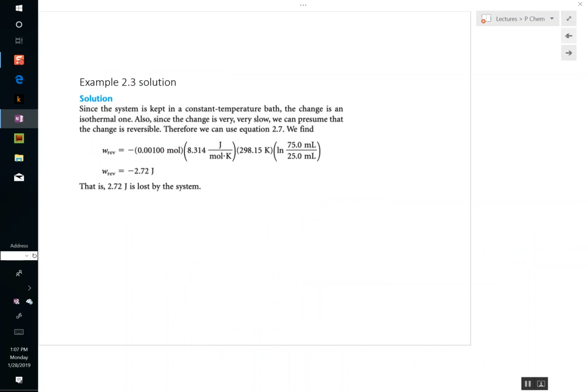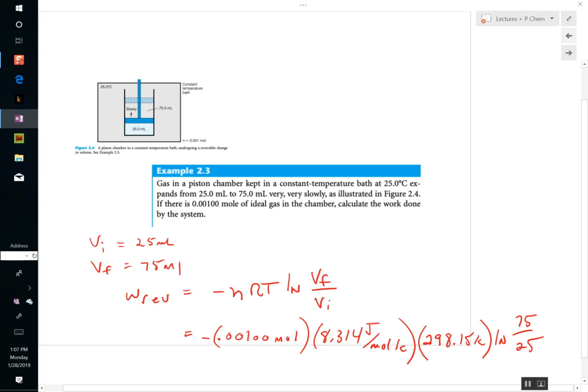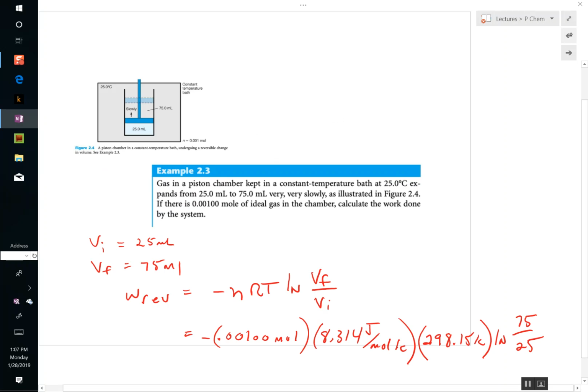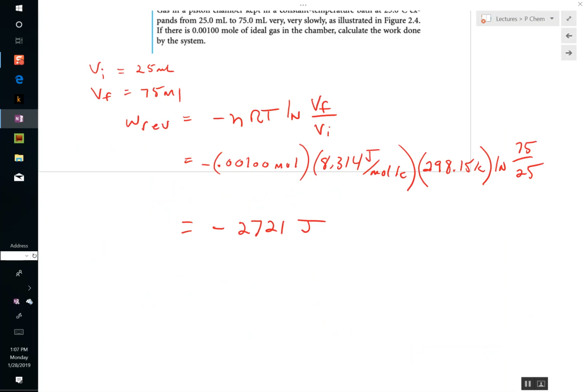Yeah, I got negative 2.72. I forgot to multiply by moles. All right, so yeah, 0.001 moles.